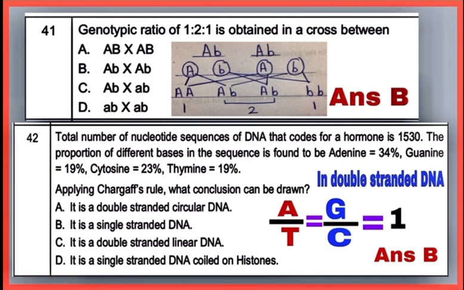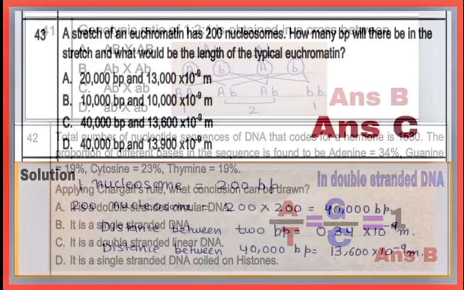The proportion of adenine is 34%, guanine is 19%, cytosine is 23%, and thymine is 19%. Apply Chargaff's rule. What conclusion can be drawn? Option B. It is a single-stranded DNA as it has thymine and proportion of all bases are different. Otherwise, as per Chargaff's rule, in double-stranded DNA, the ratio of adenine and thymine and guanine and cytosine is constant and is always equal to 1.